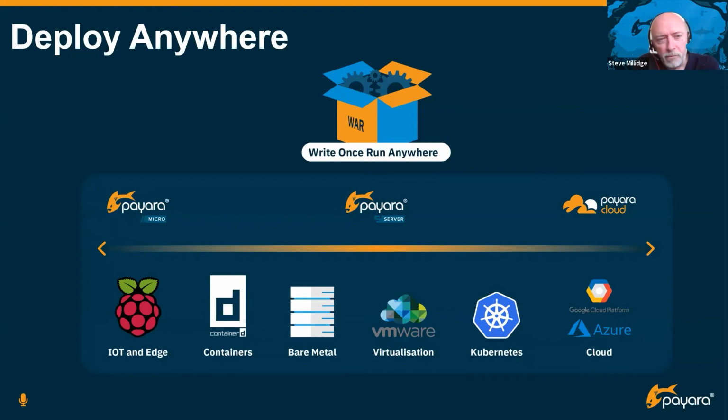So we're talking right from small devices through containers, through virtualization, through orchestration platforms like Kubernetes onto full-on cloud platforms. And we want to provide the platform that allows you to take your application and, with minimal changes, drop it onto a different runtime.